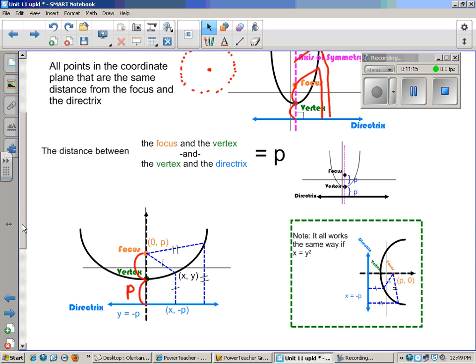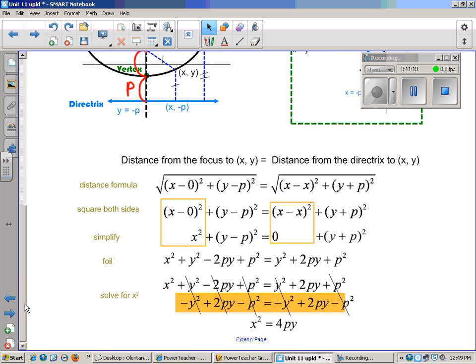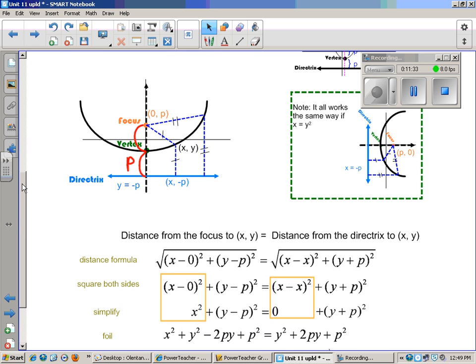All right, so let's throw in a little algebra here. The way they came about this equation, or learning about the distance of P, was they said if the distance from the focus to a point on the parabola, so they called this xy, is equal to the distance between the directrix and xy.